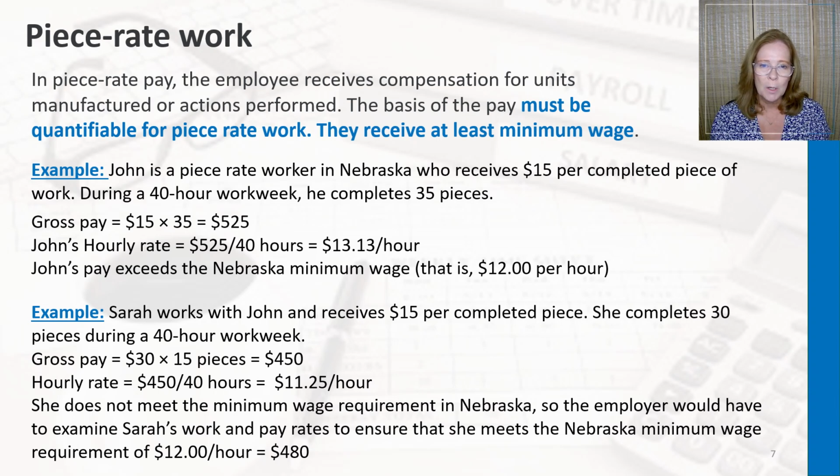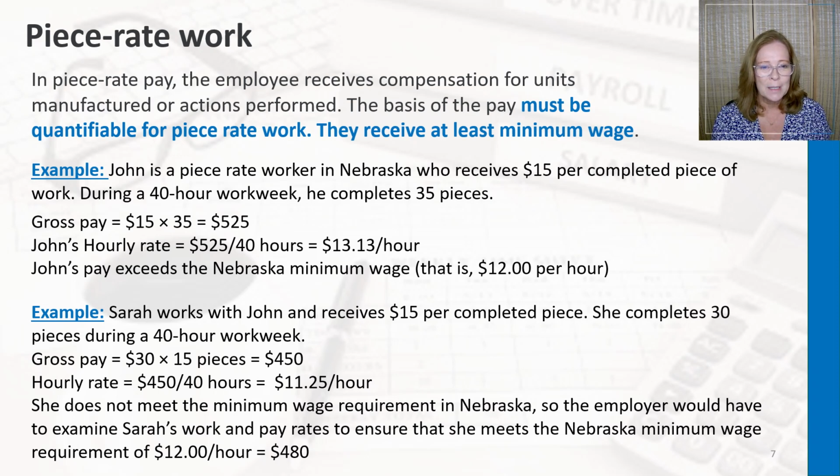It just must be quantifiable output for piece rate work. In this case, the employees are non-exempt and are subject to FLSA minimum hourly rates. That is why it's important to compute the employee's hourly wage for the period to ensure that they receive at least the minimum wage. So that's important.